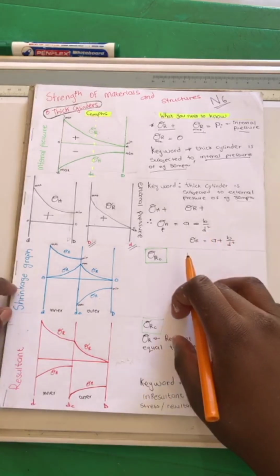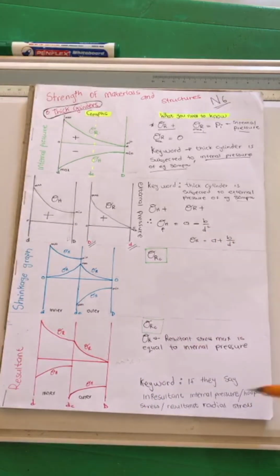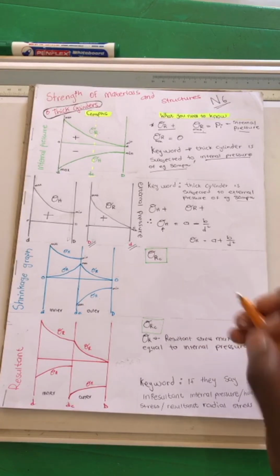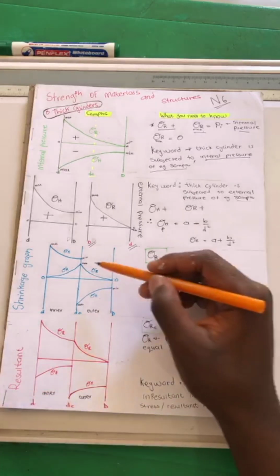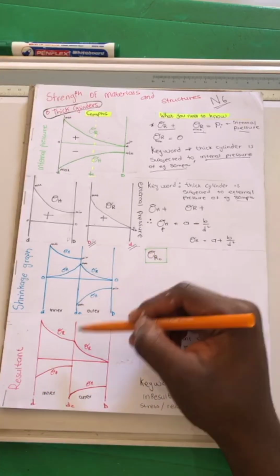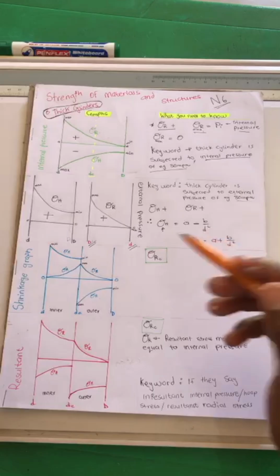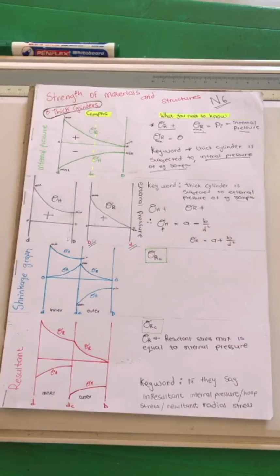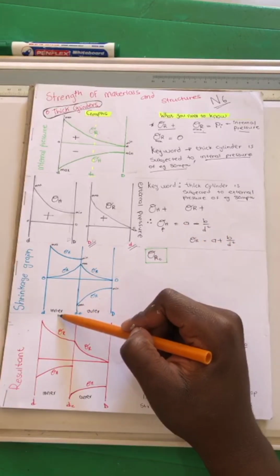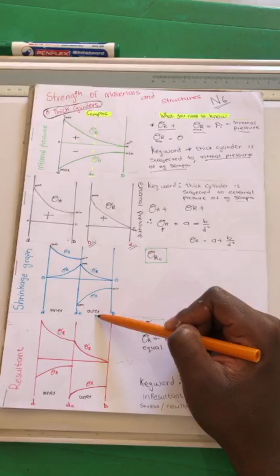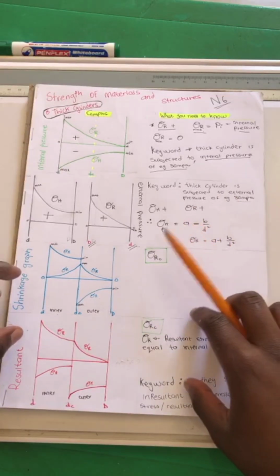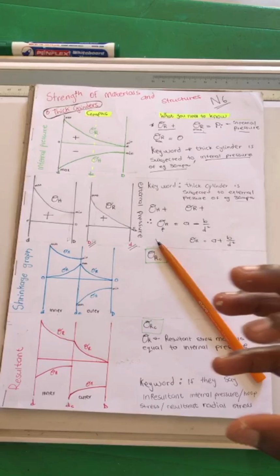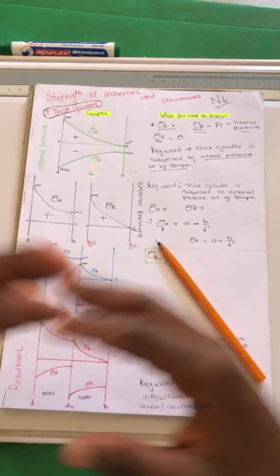Nonetheless, let's continue. Shrinkage graph. The shrinkage graph has something in common with the resultant graph: the radial stress at these points is equal on both sides. So there's the inner cylinder and then there's the outer cylinder. This only happens when two cylinders are shrunk together.